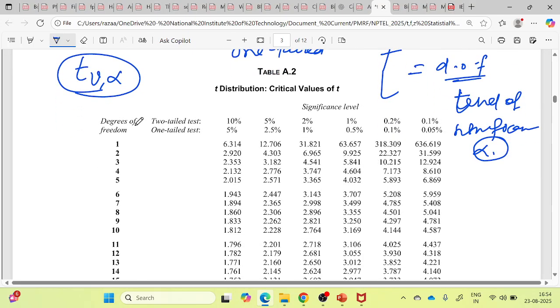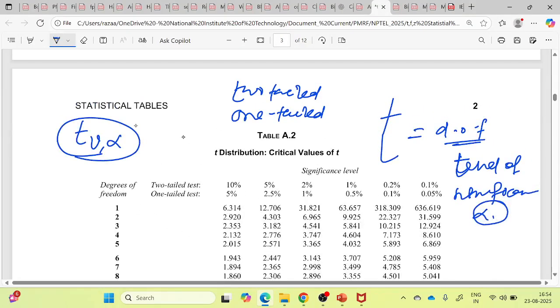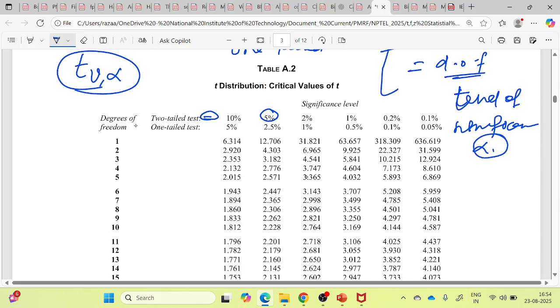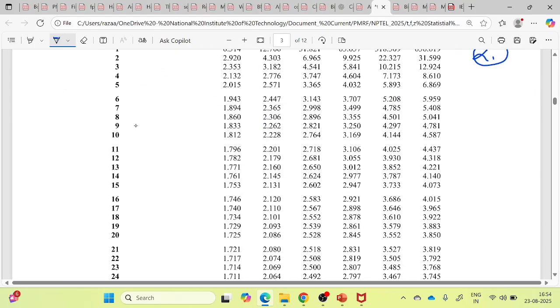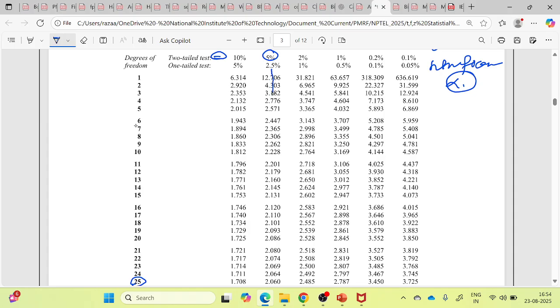This is the degree of freedom, so we'll come and mark it here. Then if we have the two tail test, we have to go to 5% and come back here. So it's going to be somewhere here. This is the case of the two tail test.